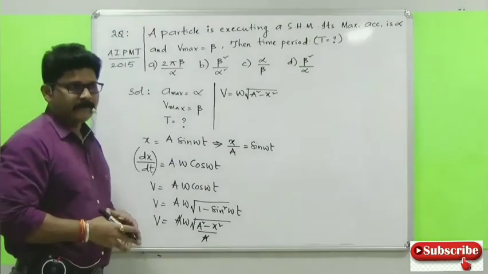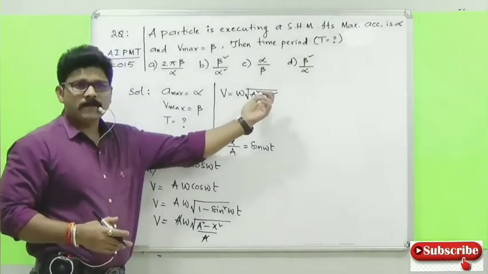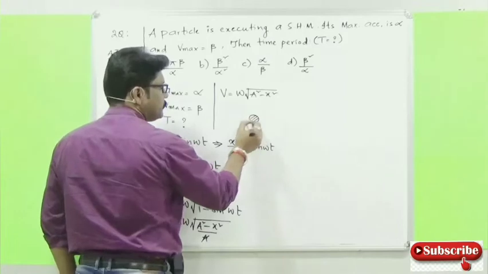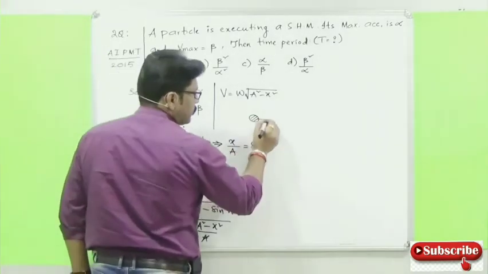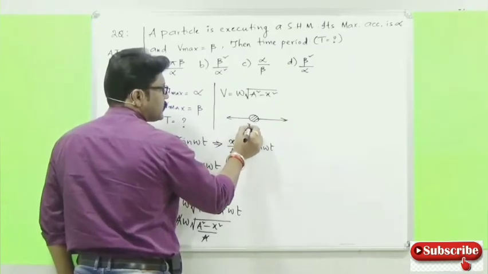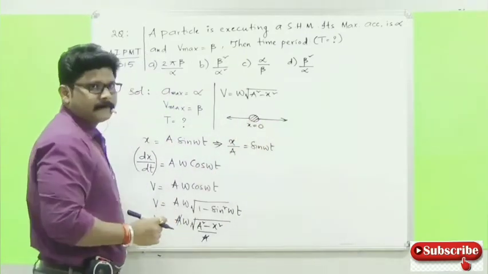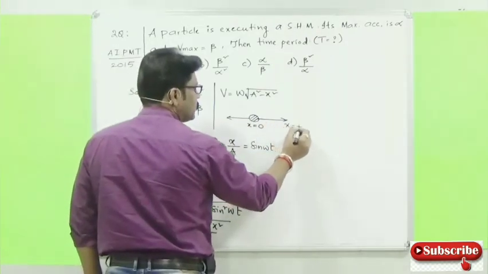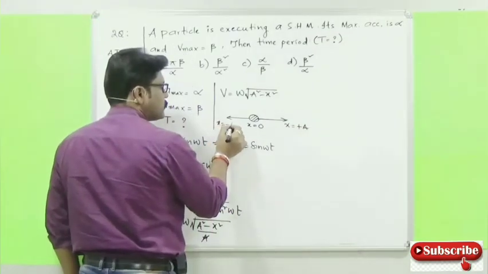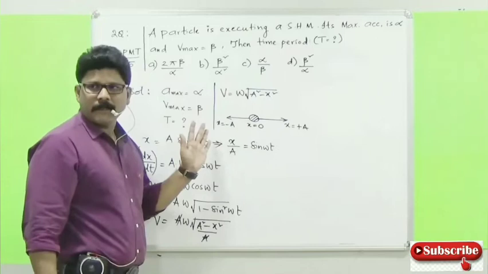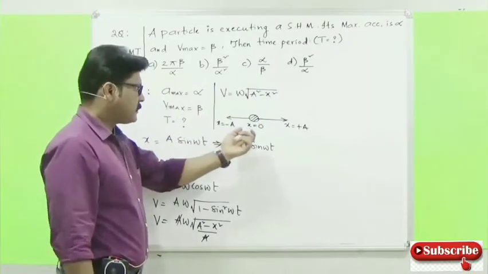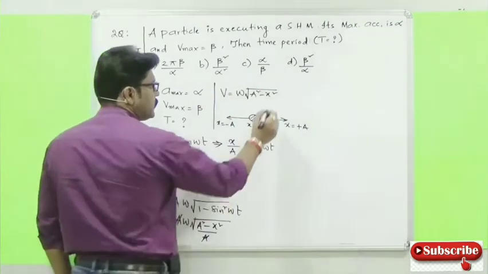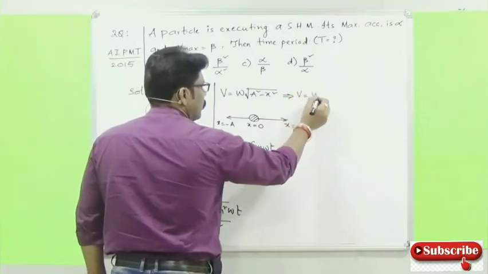Now velocity is maximum when x is 0. For example, this is the mean position of a simple harmonic oscillator when it is going to and fro. x equals 0 at the mean position, and at the extreme positions x equals plus a and minus a, positive and negative. Now take x equal to 0 and substitute in that equation: v equals omega into a.